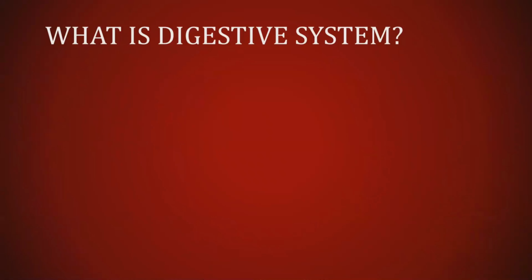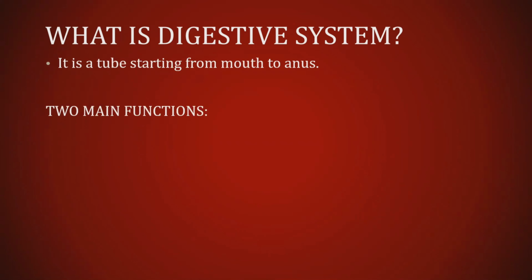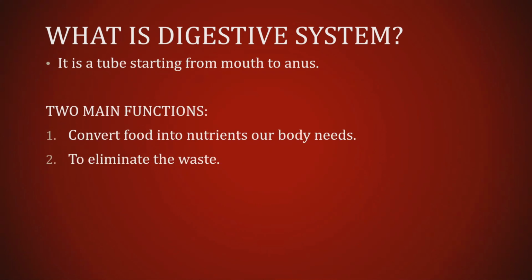Now, let us define what is the digestive system. It is a tube starting from the mouth to the anus. The digestive system has two main functions: to convert food into nutrients our body needs and to eliminate the waste.